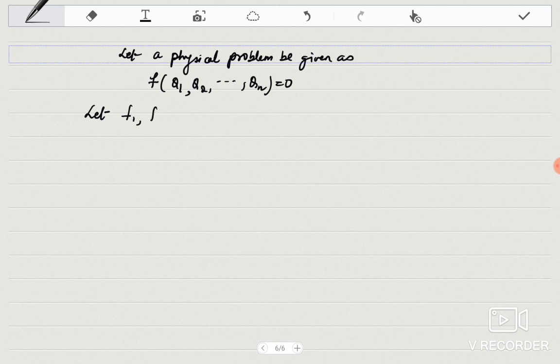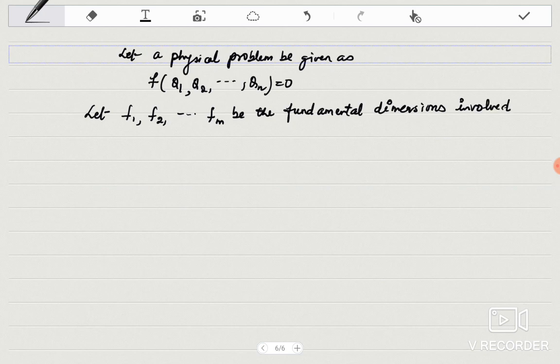Let f1, f2, fm be the fundamental dimensions involved in the problem. These are also called reference dimensions, because at many places you will get it as reference dimension.